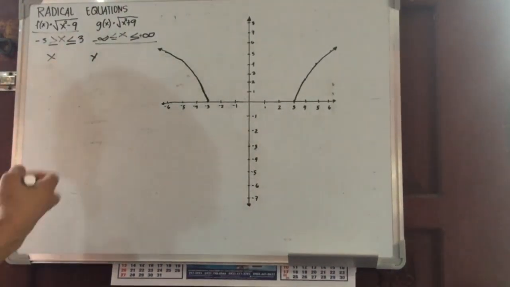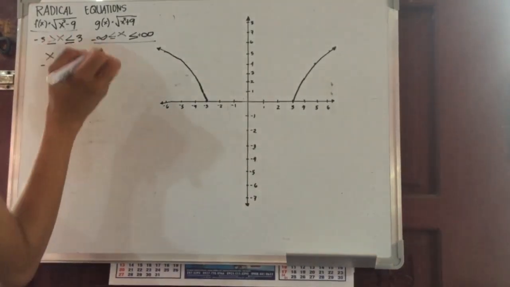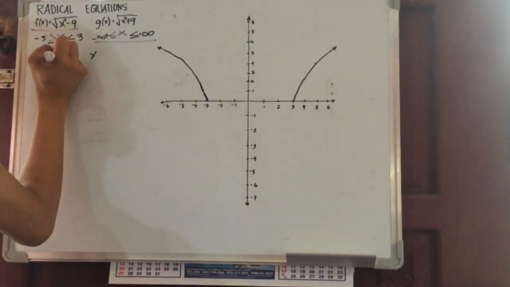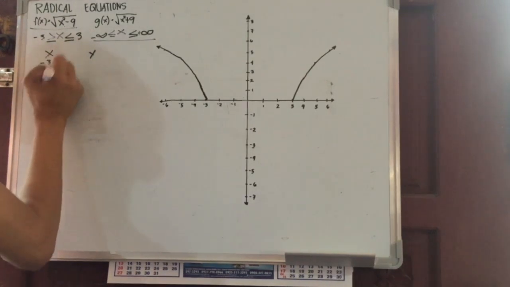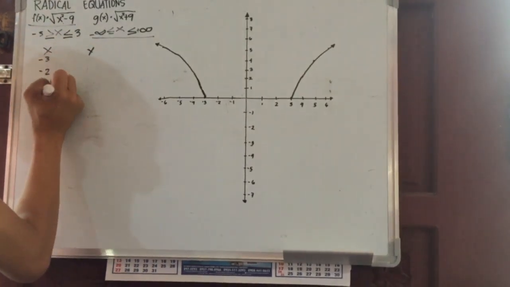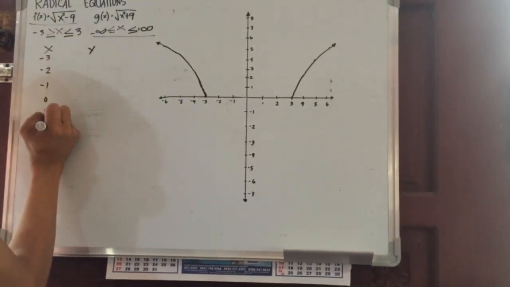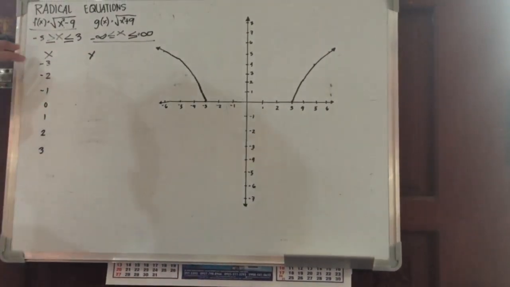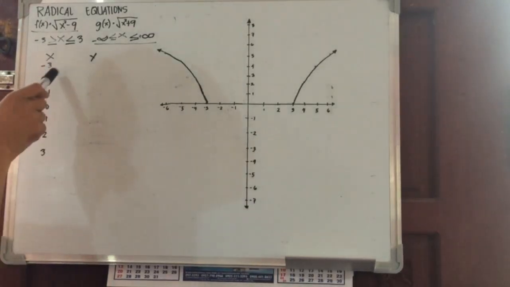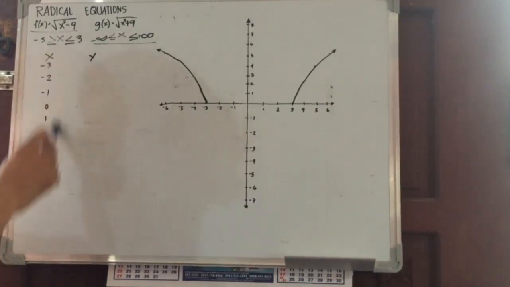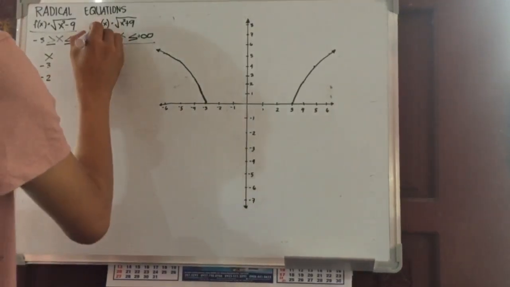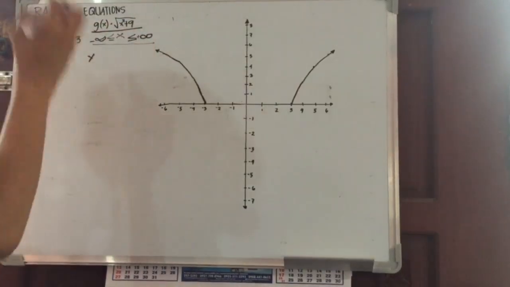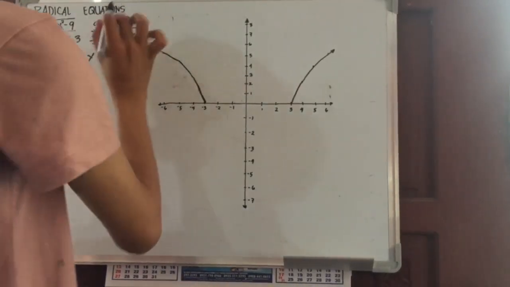For example, we start with negative 3, negative 2, negative 1, 0, 1, 2, and 3. The next thing we need to do is plug in the values of x into our second equation, g of x equals the square root of x squared plus 9.